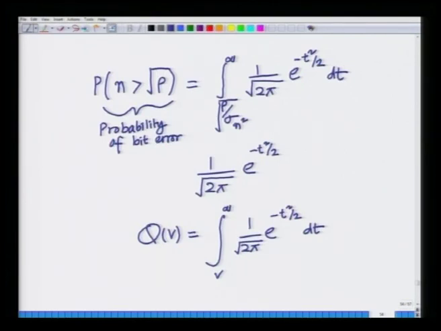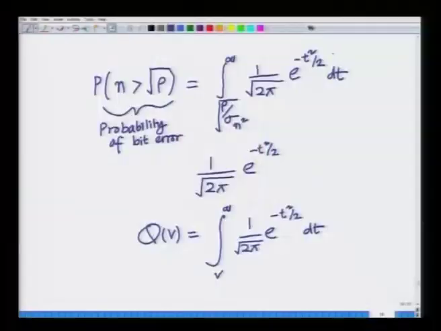This is known as the Q function, and there is no closed form expression for it. It has to be computed manually, and there are tables to compute the Q function. So, as you can see, this is simply Q of square root of p over sigma n square.